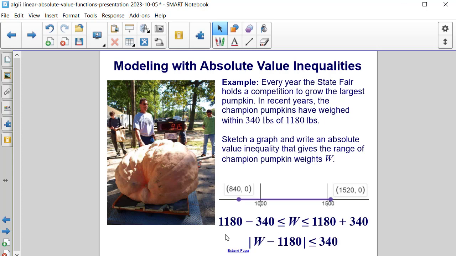And then if we were to actually take 1,180 and subtract it from all 3 points, we would get W minus 1,180 is less than or equal to 340 and greater than or equal to negative 340, which then allows us to write it as this absolute value inequality, which is the absolute value of the quantity W minus 1,180 is less than or equal to 340.